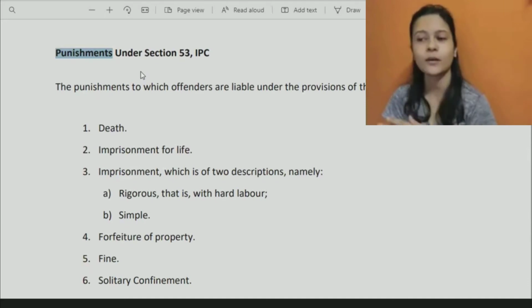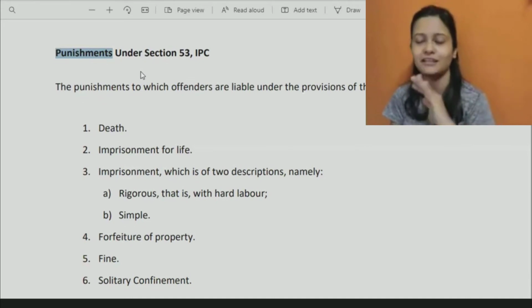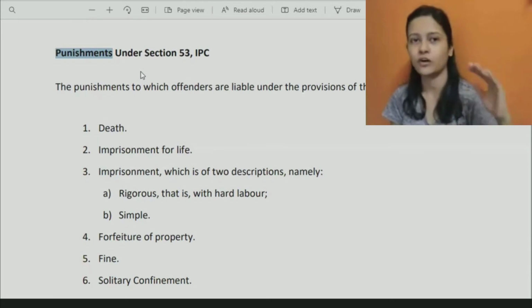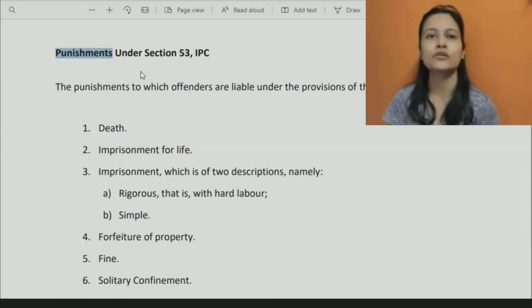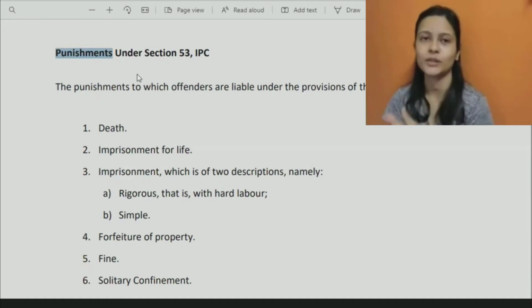So just because someone has committed a crime, death is not the only punishment we have. Death should be only in rarest of rare cases, where it is a very serious offense that cannot be forgiven, or a lesser punishment would not justify it. Otherwise, we can provide an opportunity to the criminal also, so that the person can reform himself and start his life again.